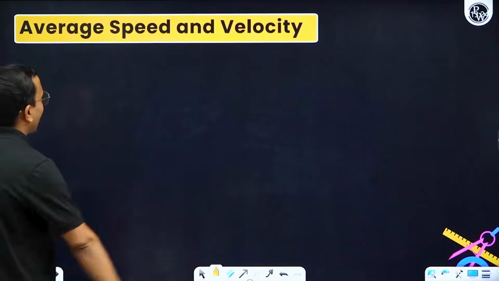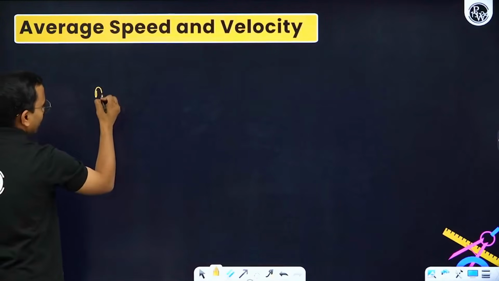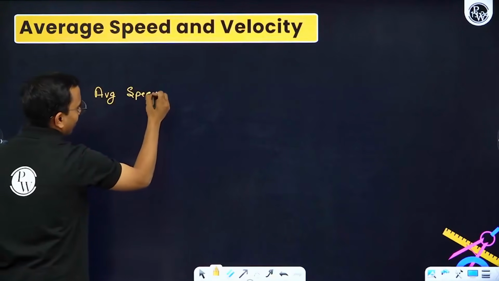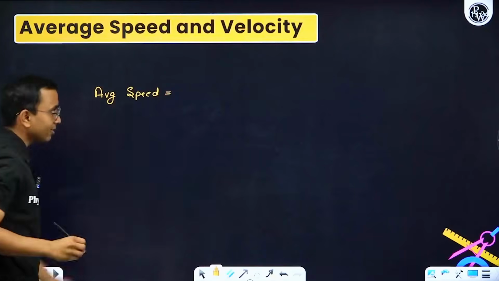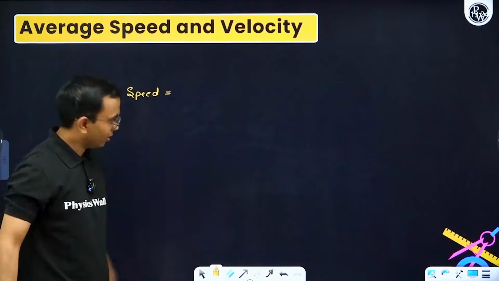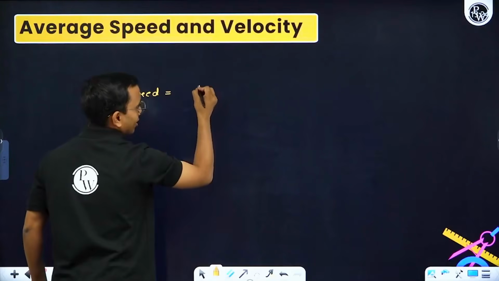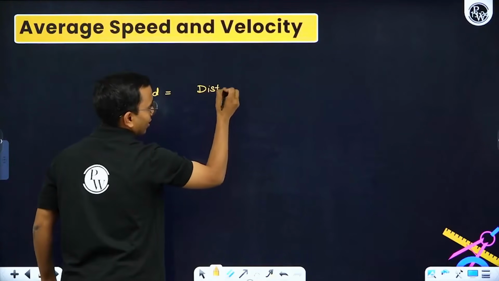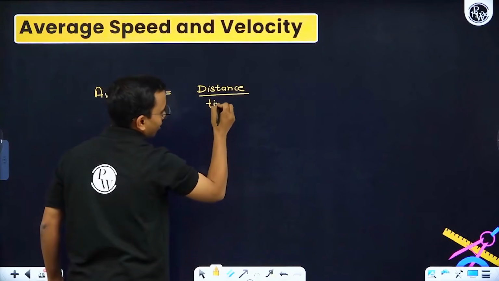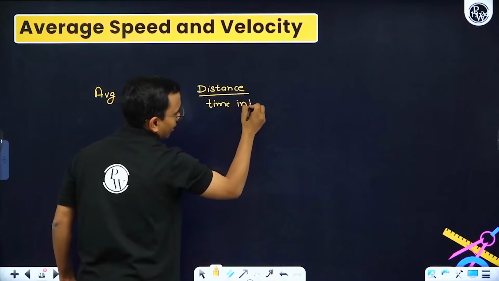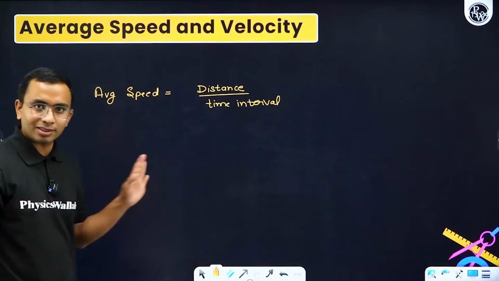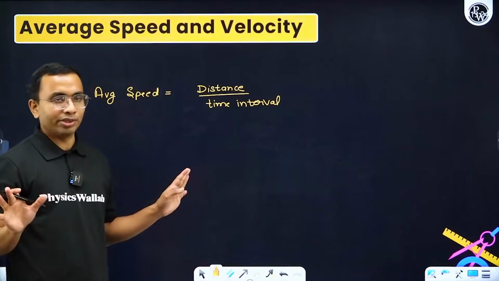First of all, average speed. Average speed is my total distance covered divided by the total duration. So I'll say this is my distance divided by the time interval. Just simple, nothing complicated to learn.